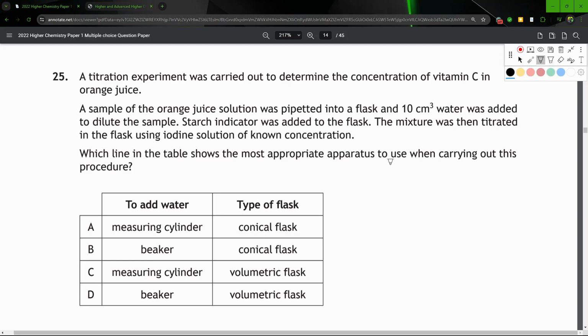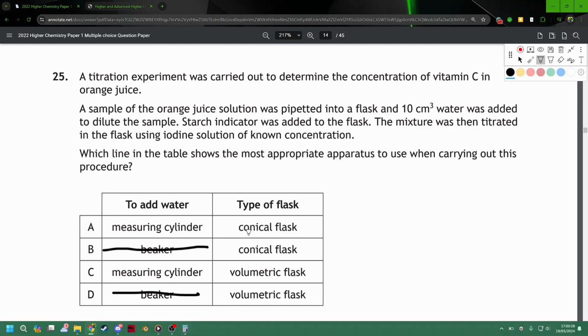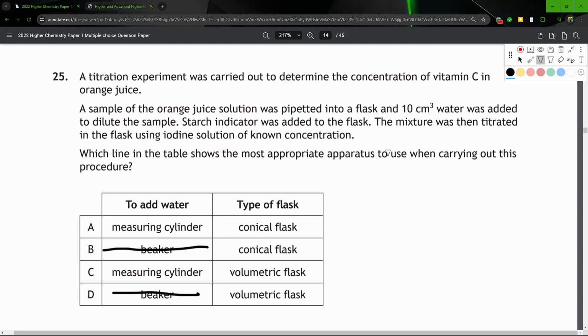Right, okay, so if you notice, to add water, we want to get 10 cubic centimeters. It says that we have to use that, and measuring beakers are not very accurate, but measuring cylinders are slightly above that. So then we just need to figure out, do we use a conical flask or do we use a volumetric flask?